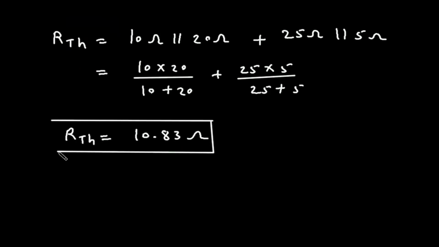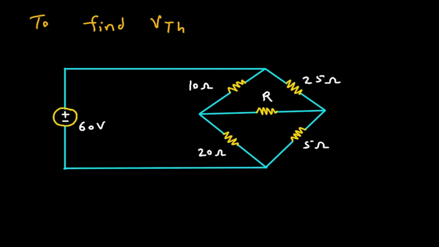Next we have to find VTH. So to find VTH, here this will be our VTH. This will be positive and this will be negative. Now let's say this is the node with voltage VA and this is the node with voltage VB. Let's say this is a reference node.